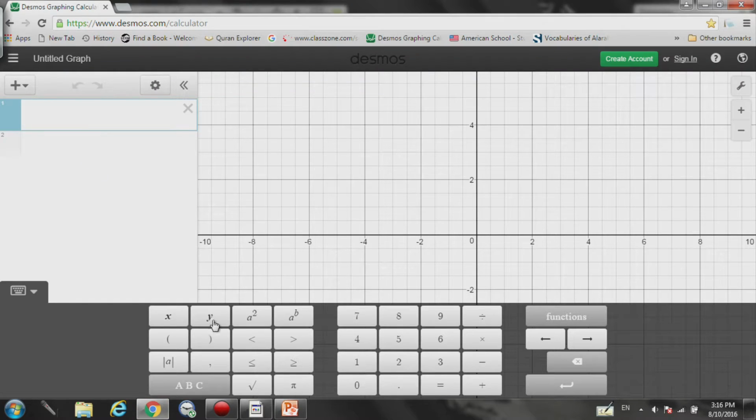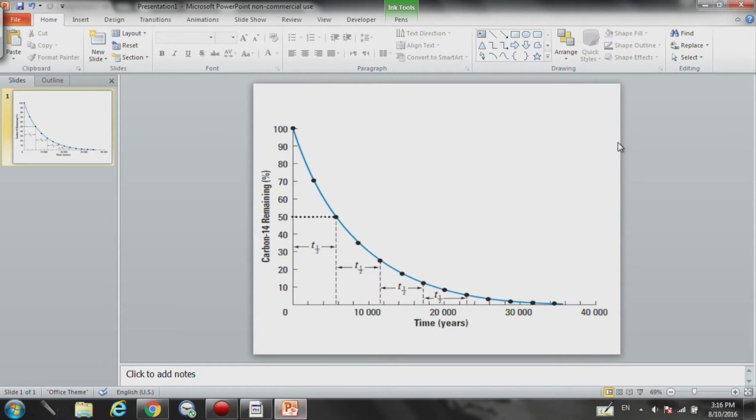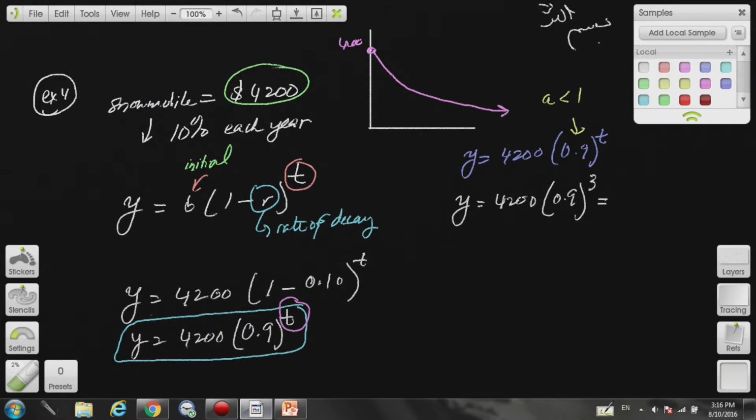Let's try to find out. So it's going to be 4,200 times 0.9 to the exponent of 3. So it will be worth $3,061.80. That's how much it will be worth after 3 years.